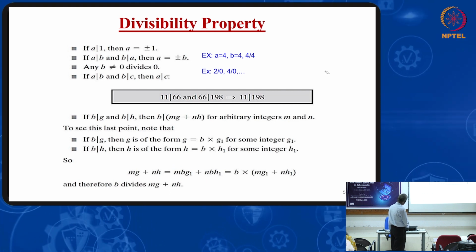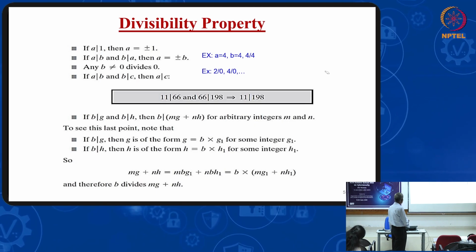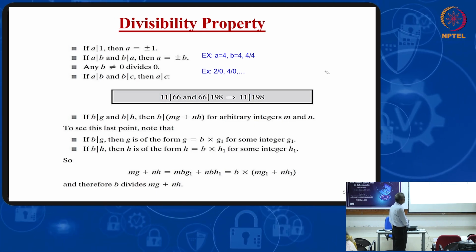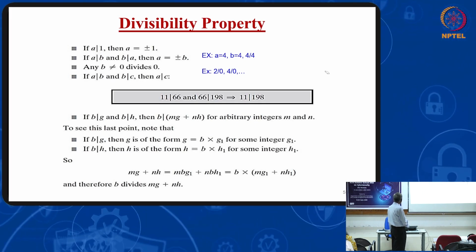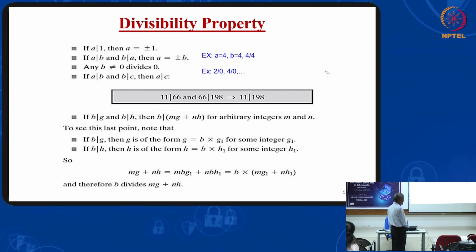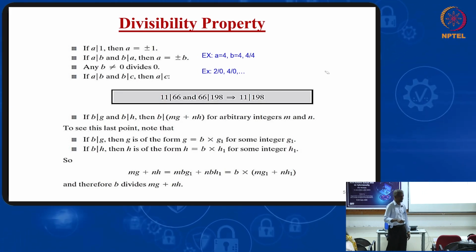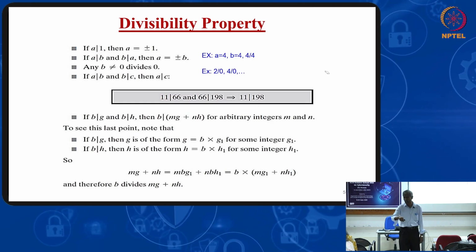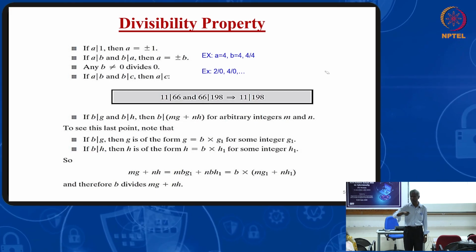If A divides B and B divides A, then A equals plus or minus B. If B is not equal to 0, B divides 0. Any number which is not equal to 0 can divide 0. But 0 will not divide any number, because it will become infinity.